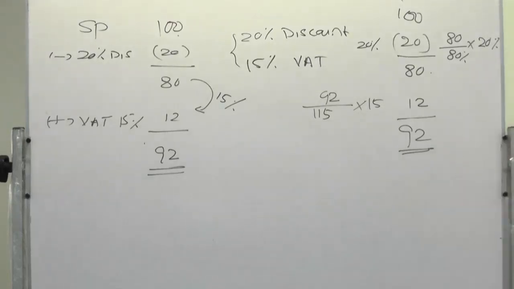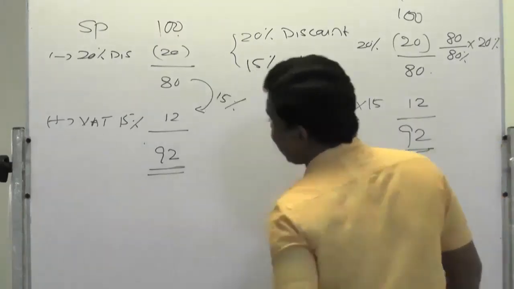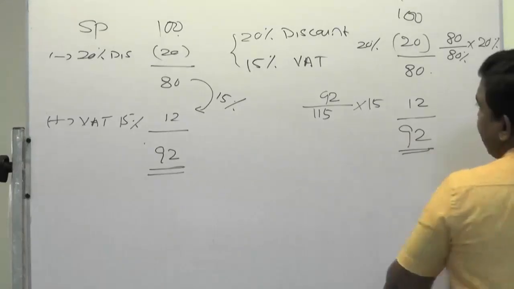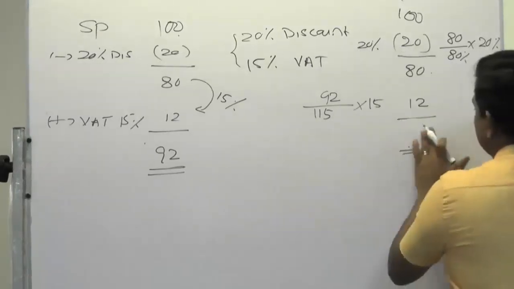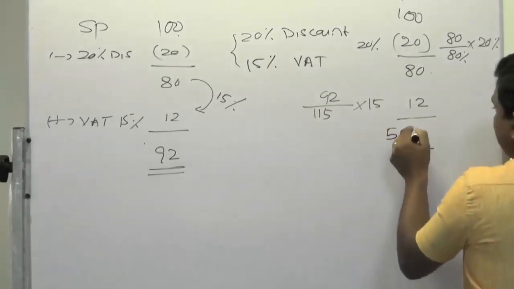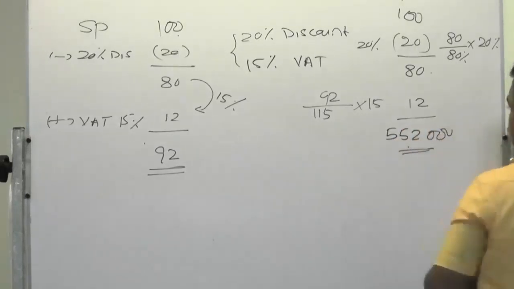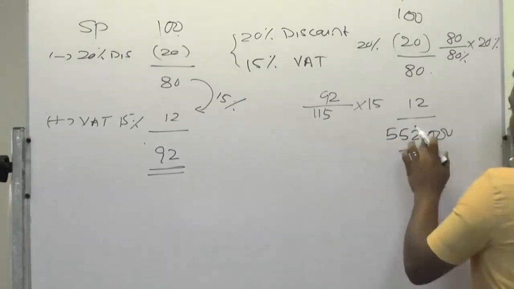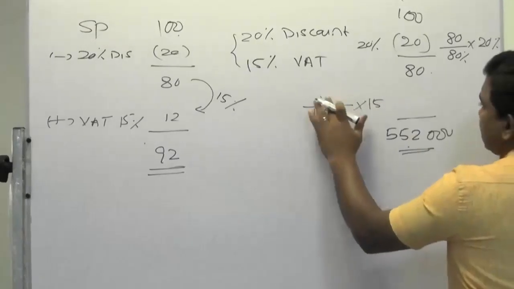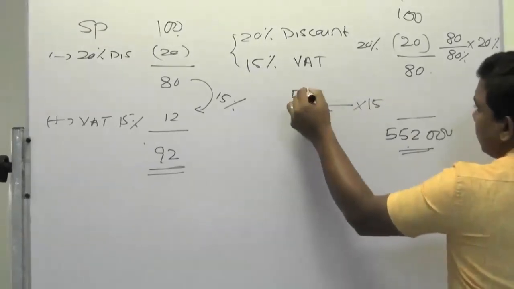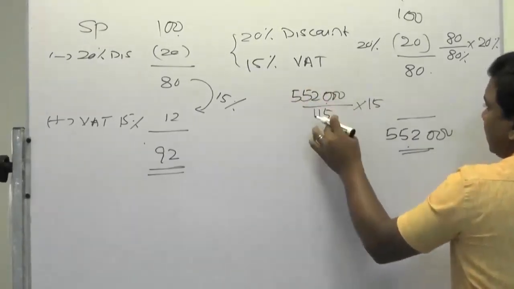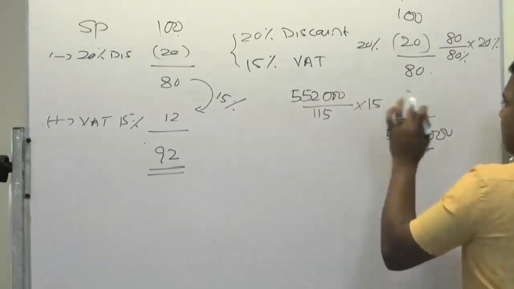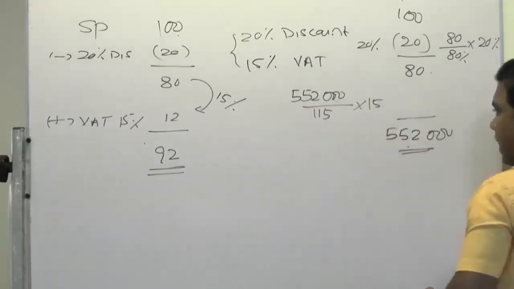The same scenario you have to apply in this example. They have mentioned they have collected cash 552,000. As I told you, this includes VAT. Therefore 552,000 divided by 115 multiplied by 15, you have VAT.